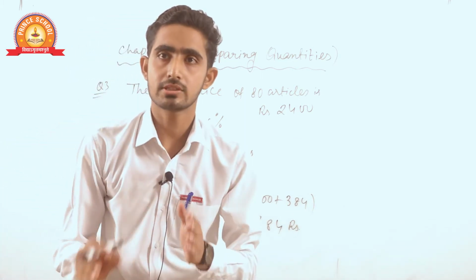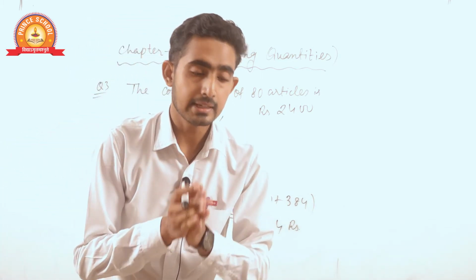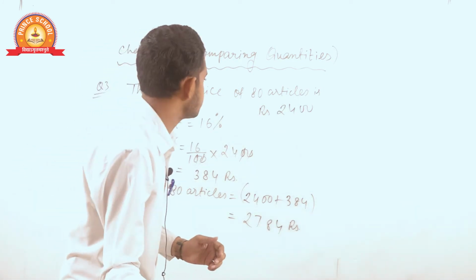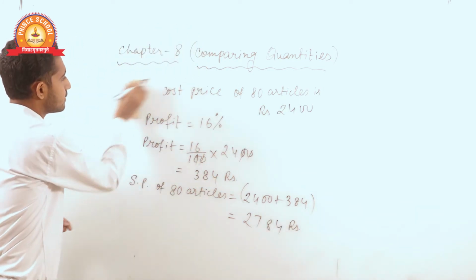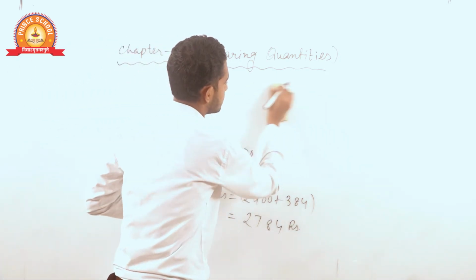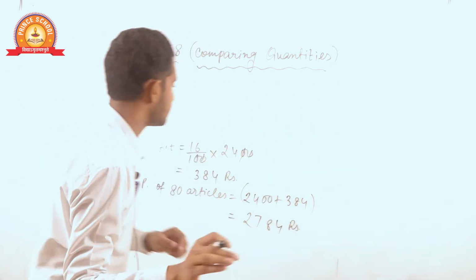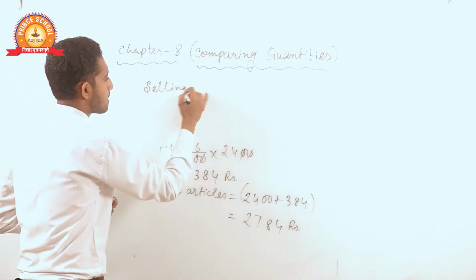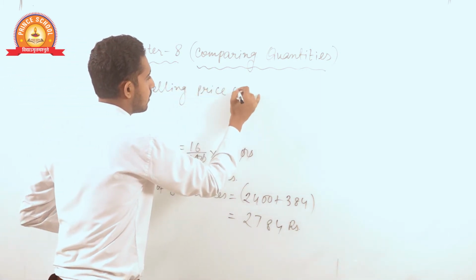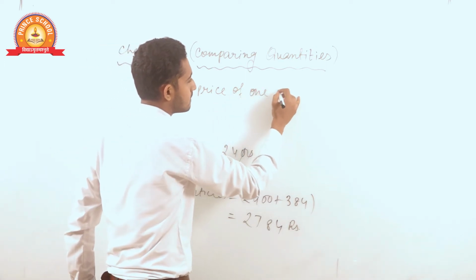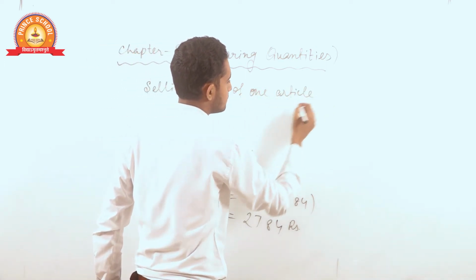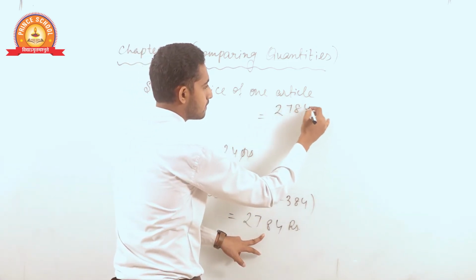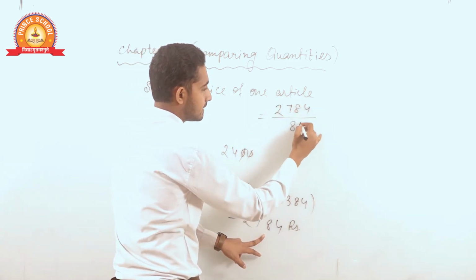But your question does not ask that, it asks for the selling price of one article only. So all of you pause this video and write down. Selling price of one article is equal to 2784 divided by 80.